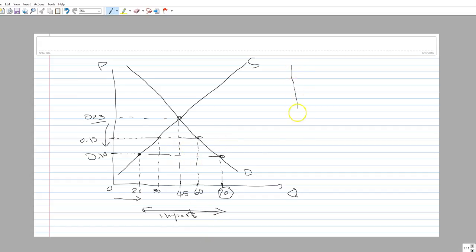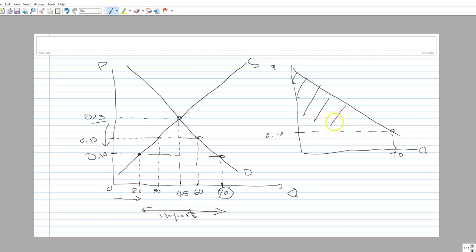And what happens is, as you may recall from the consumer surplus definition, when the price is 10 cents and consumers want 70 units, this is all the consumer surplus, all the area under the demand curve and above the price. But if the price goes up to 15 cents due to the tax, then this will be the consumer surplus.